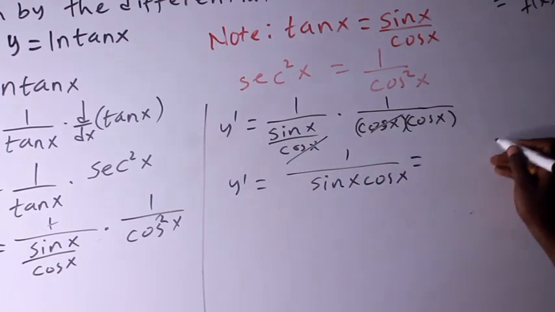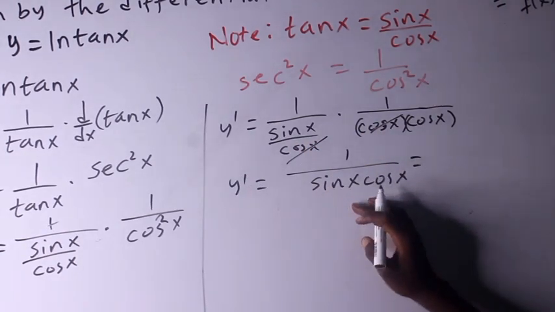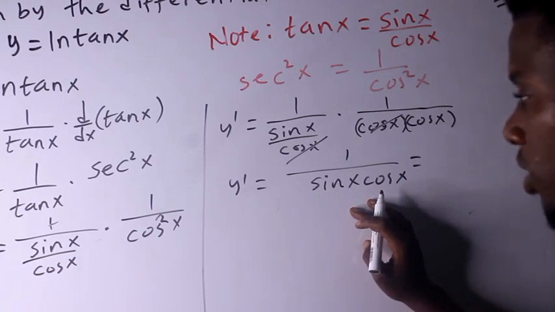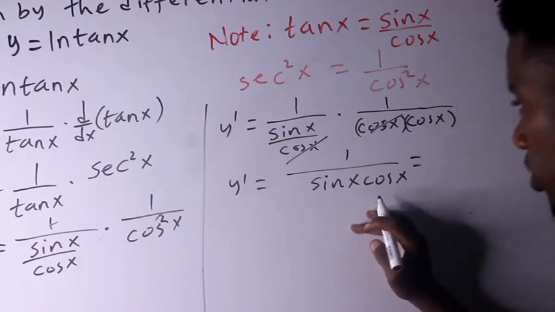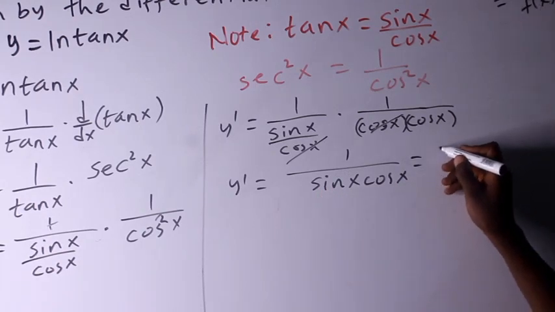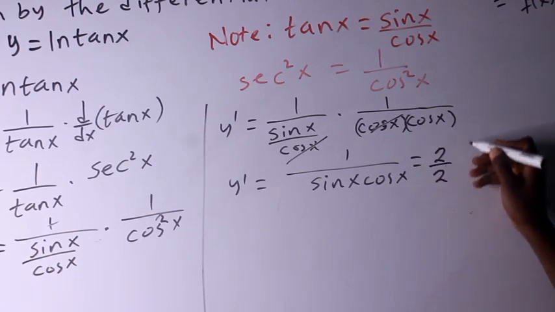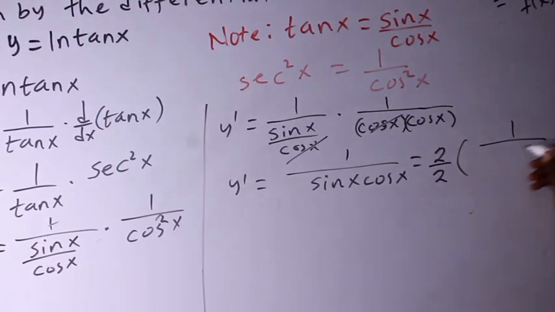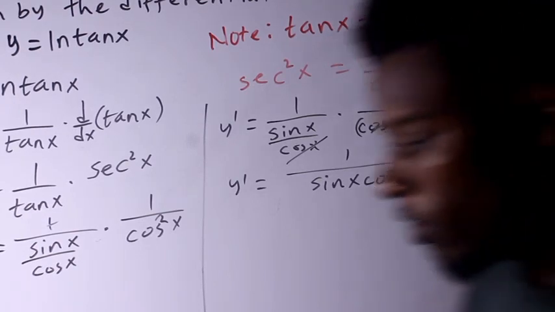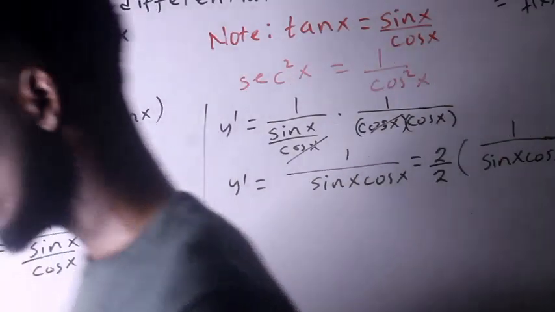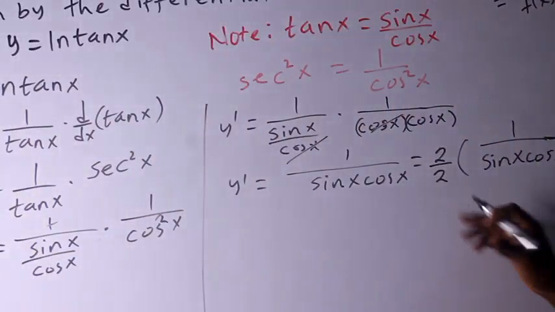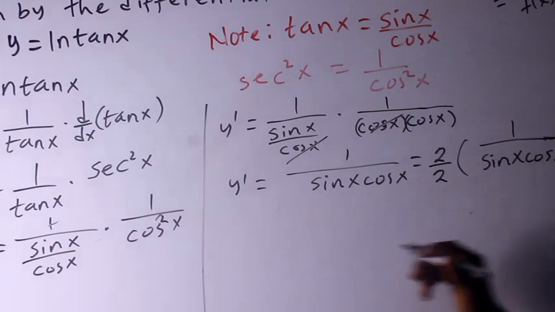But we know that there is an identity that resembles sine x cos x, and that's sine 2x. Sine 2x is equal to 2 sine x cos x. So we have to write it with a 2. So we say 2 over 2 multiplied by 1 over sine x cos x, as I'm bringing in this 2 to bring in the identity for sine 2x. Great. Once we do that, we can take this 2 inside a little bit.